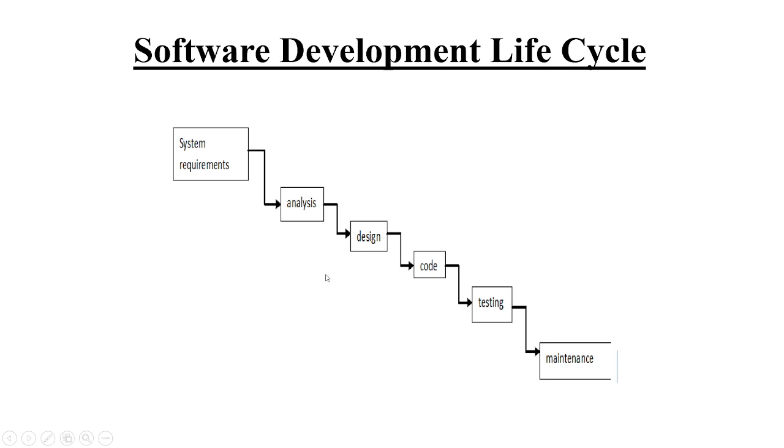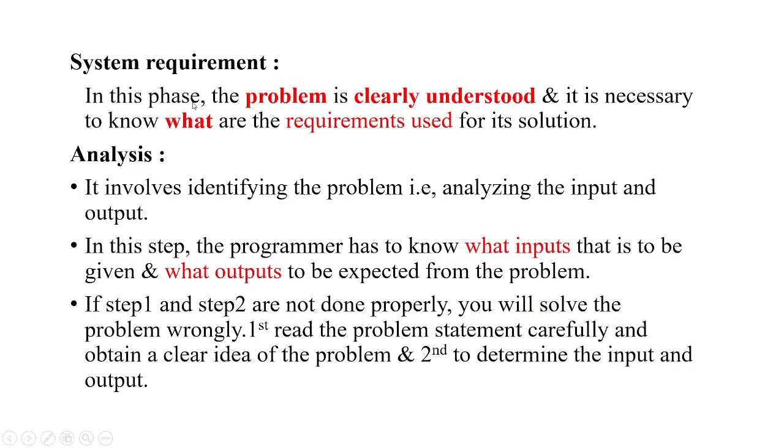Let me explain the different phases. The first phase which we are going to talk about is system requirements. In this phase, first, we are going to clearly understand the problem. It is necessary to know what the requirements are for its solution.